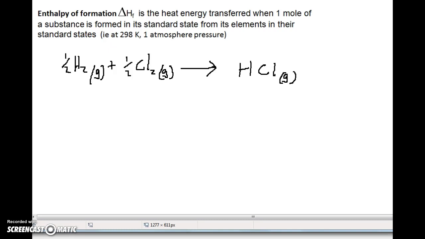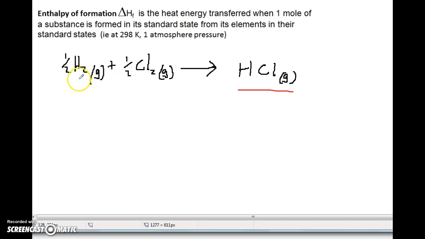So if we take as an example formation of HCl in its standard states, in other words the state it would exist in at 298 Kelvin and 1 atmosphere pressure, HCl would be a gas, and the enthalpy of formation of HCl would be the enthalpy change when HCl is made from its elements in their standard state.